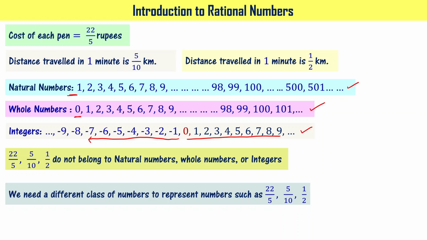For that, we had to bring in negative numbers like -9, -8, and so on, right? In this particular case, when you have numbers expressed like fractions, 22 by 5, 5 by 10, 1 by 2, and so on, we need a separate class of numbers. Those numbers are called rational numbers, right?